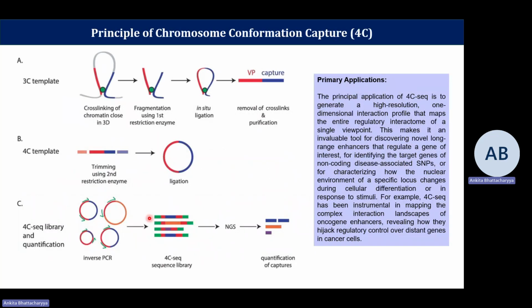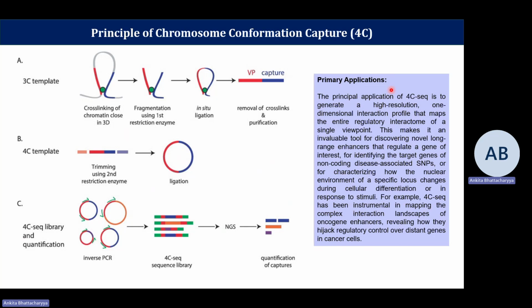Then the applications of these techniques were also discussed. It usually gives you a high-resolution 1D profile of the interaction profile of the entire genome, of the interactomes, which involves certain genetic loci. This makes it a very invaluable tool for discovering novel long-range enhancers which regulate your gene of interest, for identifying target genes of some non-coding disease-associated SNPs, or to characterize how the nuclear environment of specific loci changes during cellular differentiation or in response to certain stimuli.